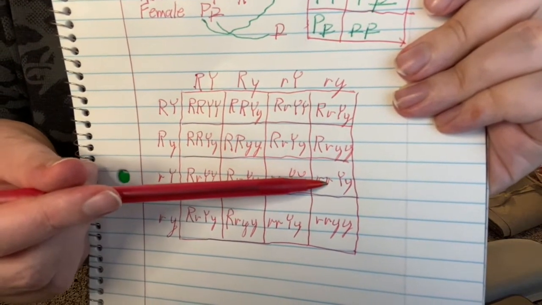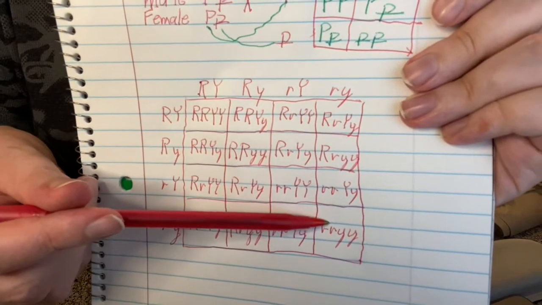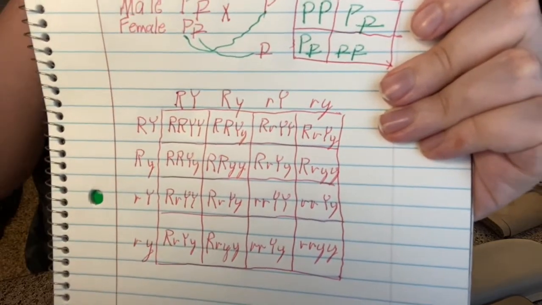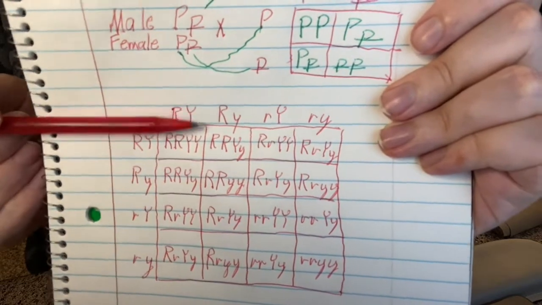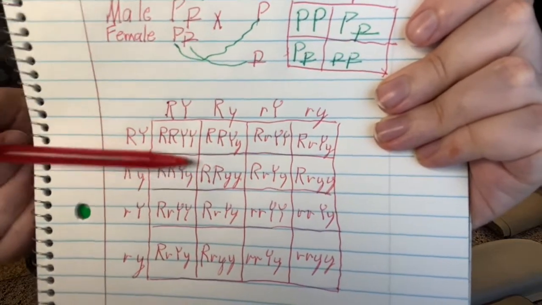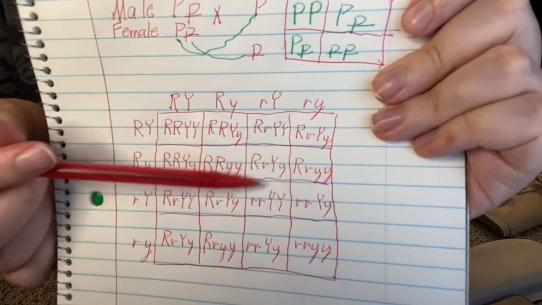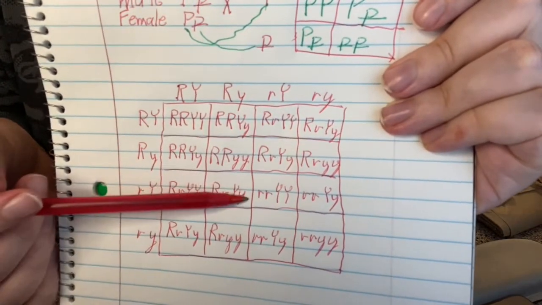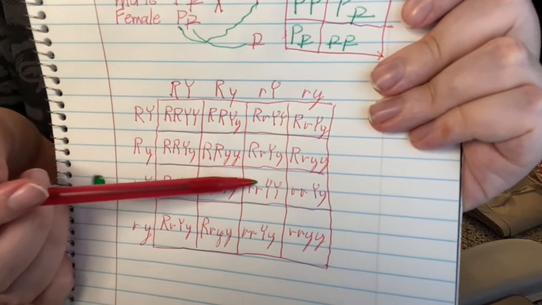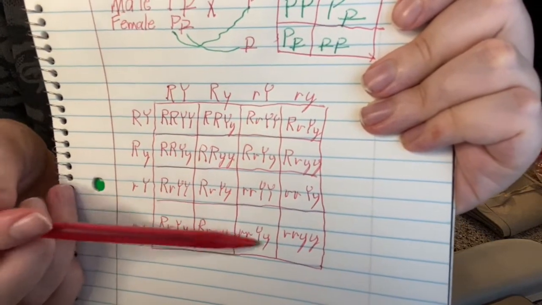These 2 are the same. And that one's the same. So it actually goes 1 to 2 to 1 to 2 to 4 to 2 to 1 to 2 to 1.